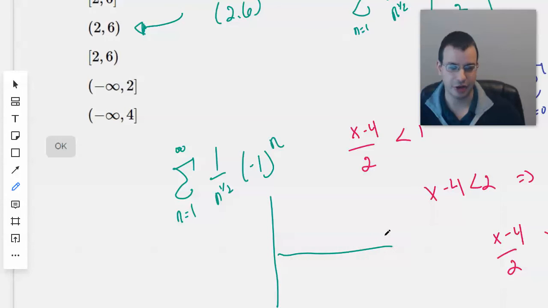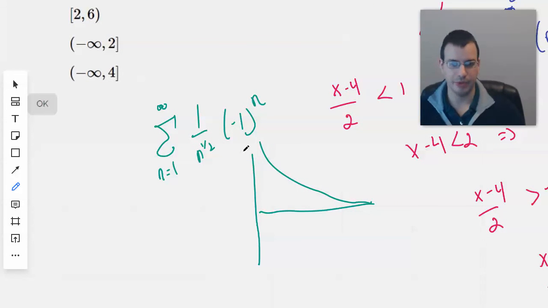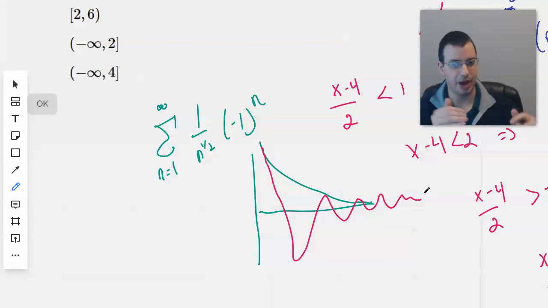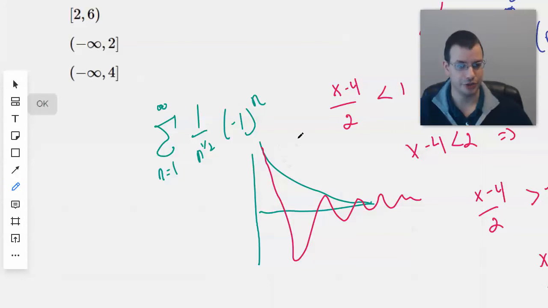Normally it goes like that, but what the alternating part does is something like this, and the negatives start to cancel out the positives. With the alternating series test, if it's going towards 0 and alternating between positive and negative, which negative 1 to the n does, then it'll also converge.